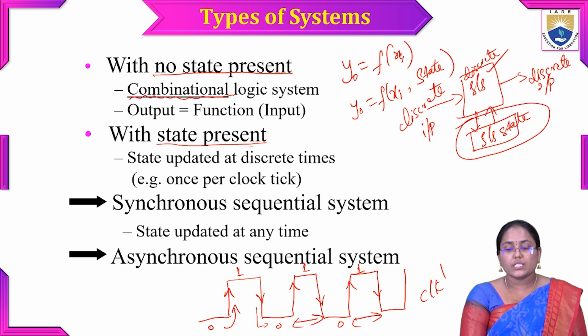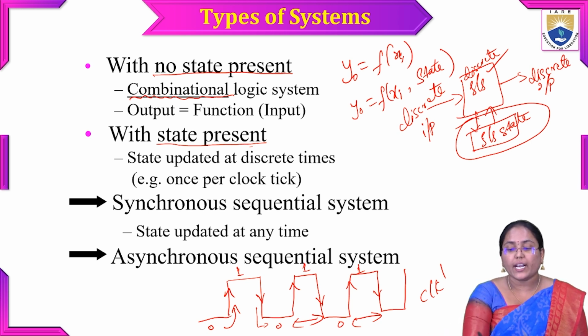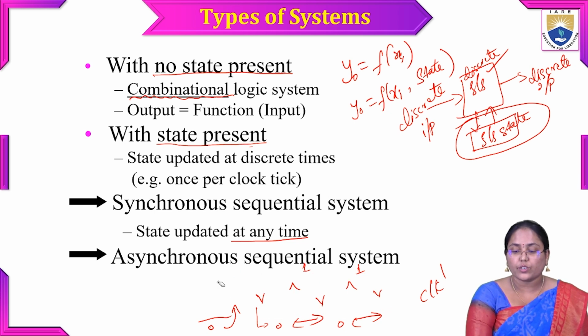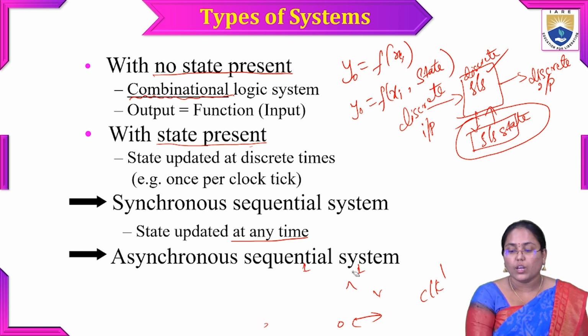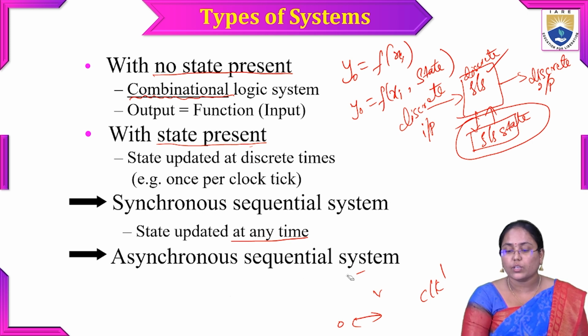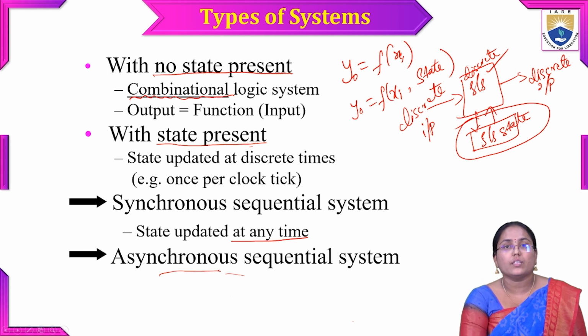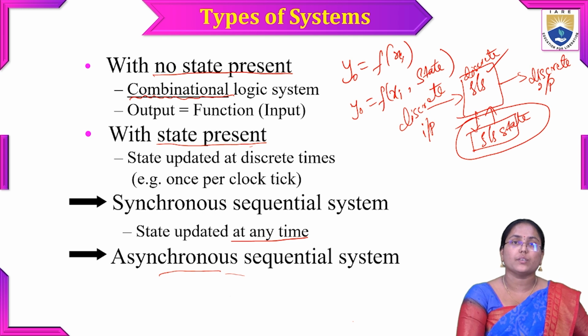Now in a synchronous sequential system, the state is updated with respect to time, with respect to the clock, and that state is taken into consideration. The other one is the asynchronous sequential system. In an asynchronous sequential system, there won't be any clock over here; even if a clock is there, it is for some other purpose.